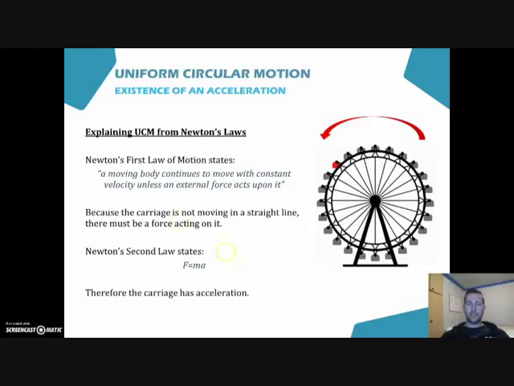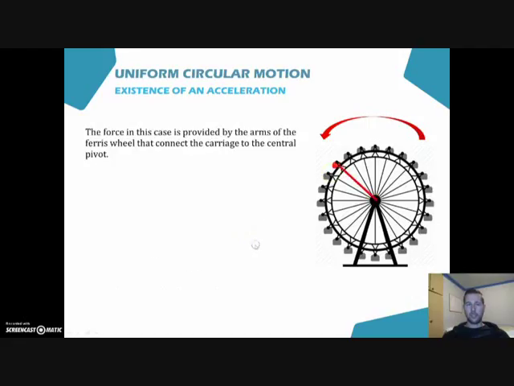And because the carriage is not moving in a straight line, because it is in a circle, there must be a force acting on it. Now, Newton's second law states that force equals mass times acceleration, and that suggests that the carriage has acceleration. The force in this case is provided by the arms of the Ferris wheel that connect the carriage to the central pivot point.